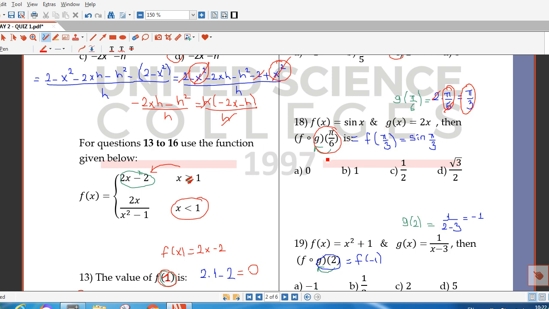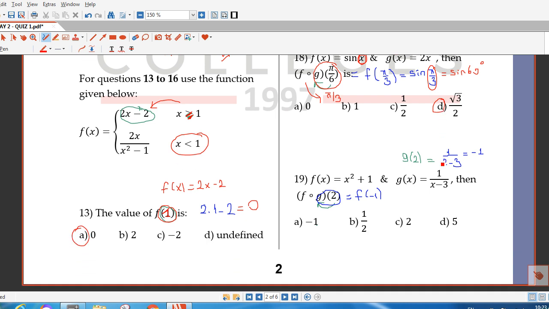And then if I write pi over 3 instead of g of pi over 6, the question is going to be f of pi over 3. Go through function f, and replace x with pi over 3. My question becomes sine pi over 3, which is sine 60. Sine 60 is square root of 3 over 2.